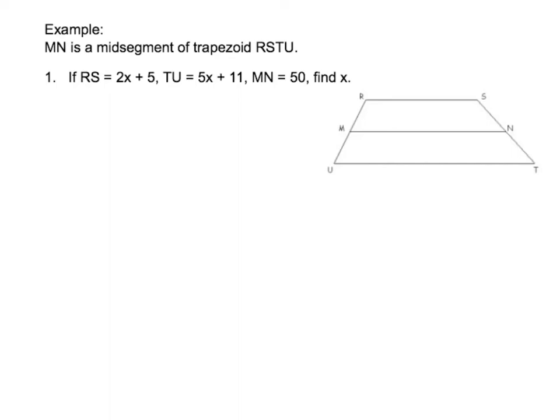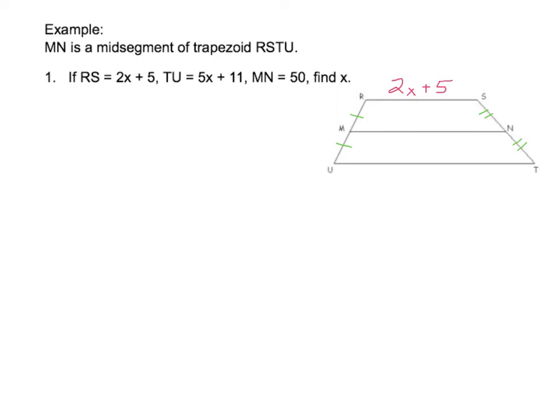So in this first example, they are indeed telling me that MN is a midsegment of my trapezoid. So we know that if it's a midsegment, I automatically have the midsegment is 1/2 the measurement of the sum of my two bases. So I'm going to go ahead and label what it is that they've given to me. They've given me that RS is 2x plus 5, so we're going to go ahead and put that down.